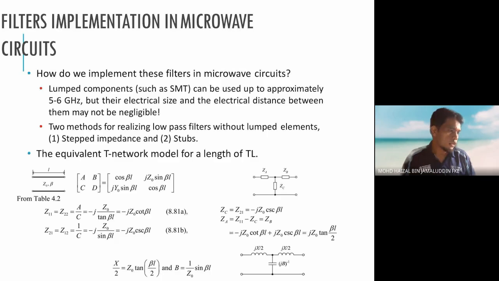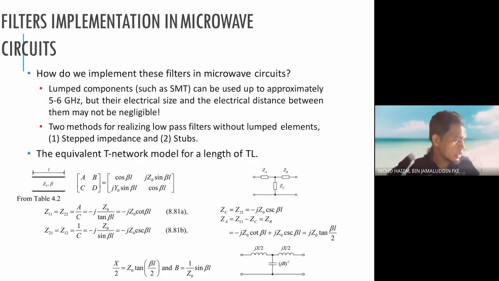Using lumped components such as SMT, normally it can go up to 5 to 6 GHz, but in microwave design, we might use more than that frequency. So we need to use two other methods, which is the step impedance filter design or step impedance techniques.